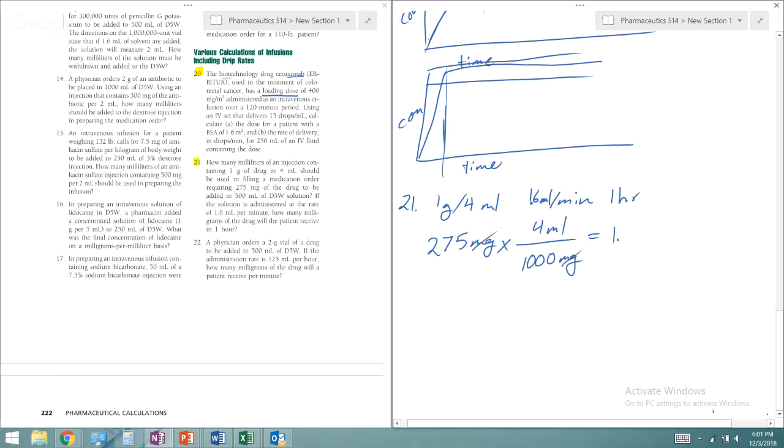So let me find that that is 1.1 milliliter is the amount that would be added to the 500 milliliter bag. So then we know that there's 275 milligrams in that 500 milliliter bag. So that means it is a concentration of 55 milligrams per milliliter.